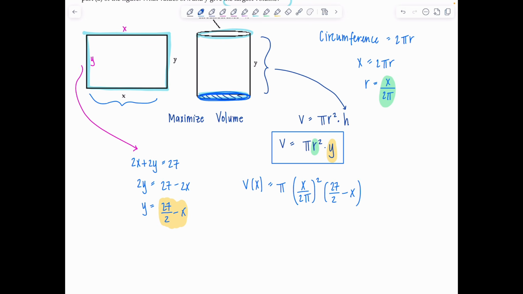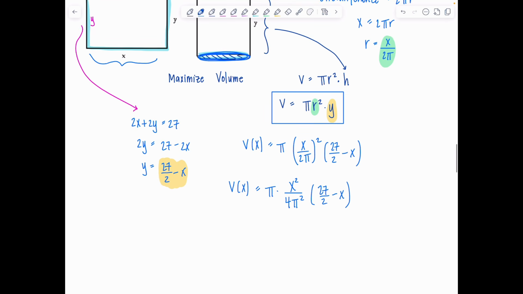Okay, clean it up. We're going to have to take a derivative, and right now it's really grossing me out. So we have V of x equals pi times x squared over 4 pi squared times 27 over 2 minus x. And then, see, a pi is going to cancel. Okay, I feel better already.